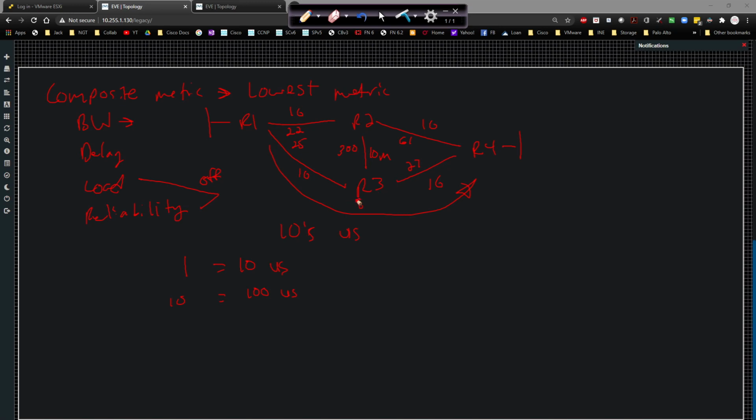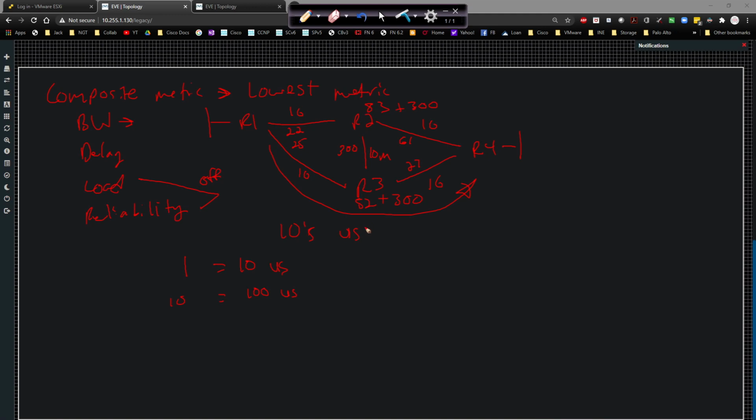This would be 52, 22 and 61 are, that would be 83. So this will be 83. Then this path right here, 300, we'll just tack on plus 300 here and plus 300 here, right? So 352 or 383, depending on which way you go. So basically that's how that would come into play.